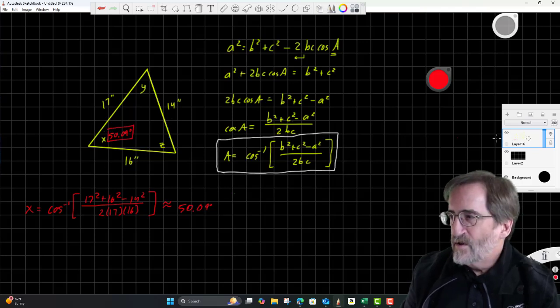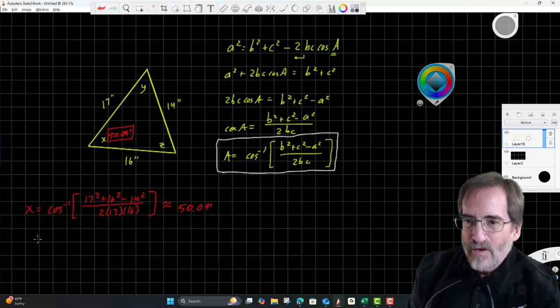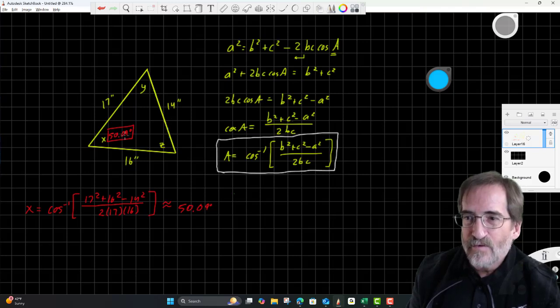Okay, and let's switch colors and let's try finding y. Same way. Now we could use the law of sines at this point. Be sure to use a very accurate version of x so you avoid round-off error. But I'm going to go ahead and use the law of cosines to find y.